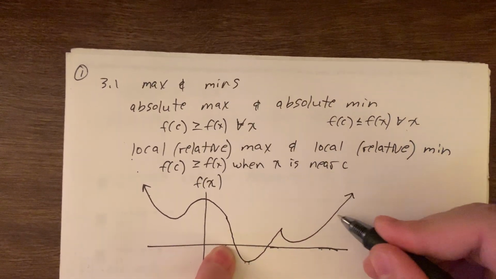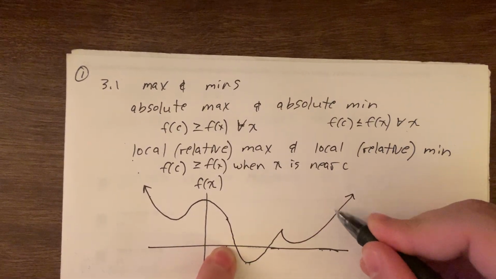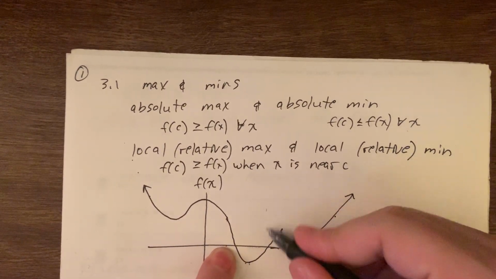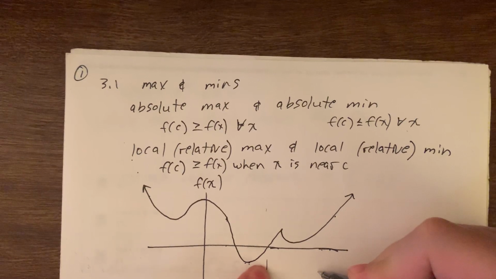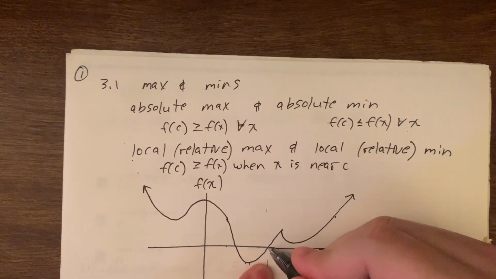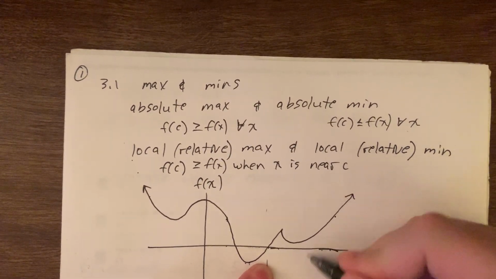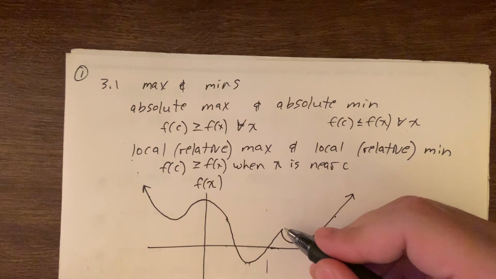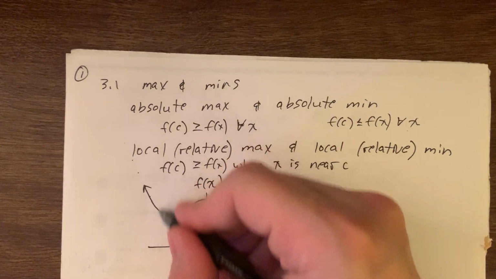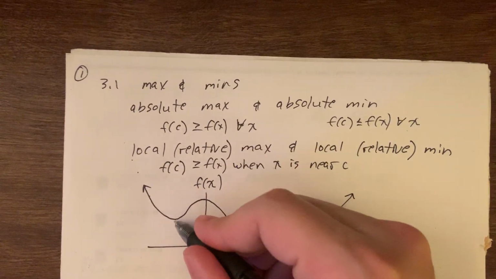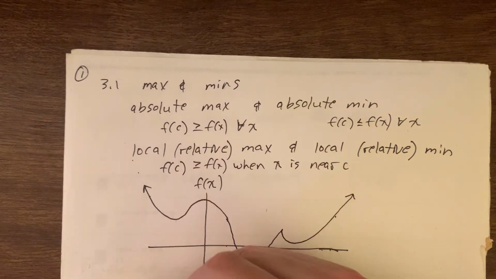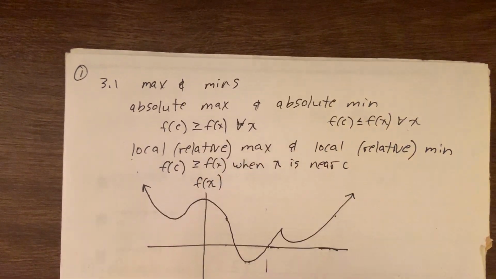And then I would have a tie for my highest point, my max would be here or here. If I went from here to here, well, then this would be my minimum. And I think I said about to here, so that this would then be my max value. So I could keep shifting it, and I could go over here. If I go from here to here, then this is my min and this is my max. If I go from here to here, this is my min and this is my max.